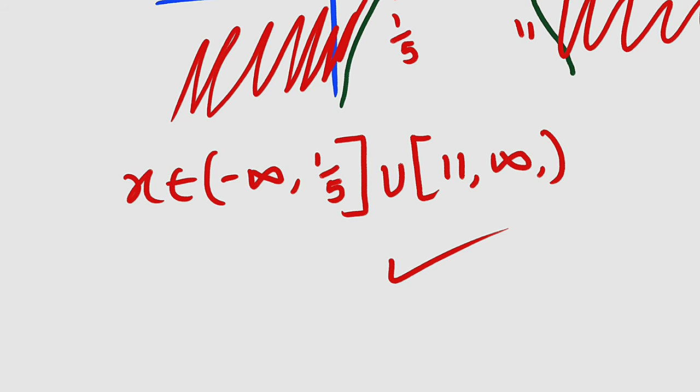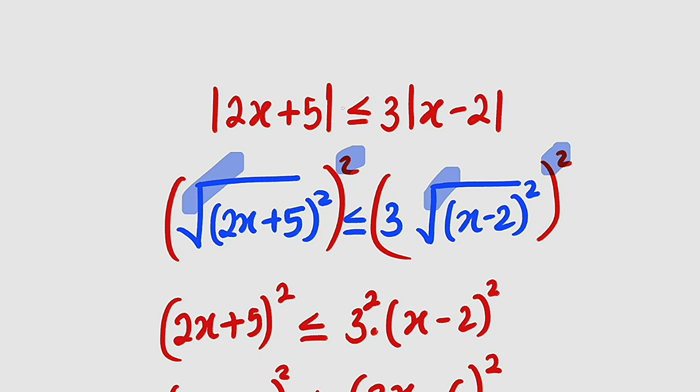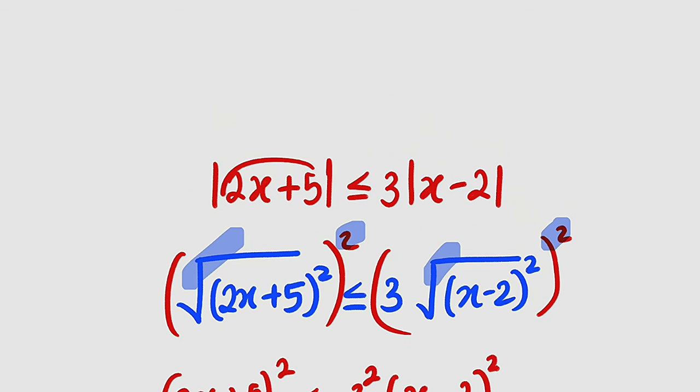If you like, you can use intervals to determine whether the solutions are the same. To find the intervals, you use the original inequality. The zeros of these two will be x equals negative 5/2 and x equals 2.